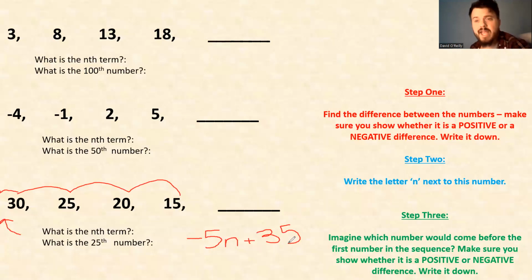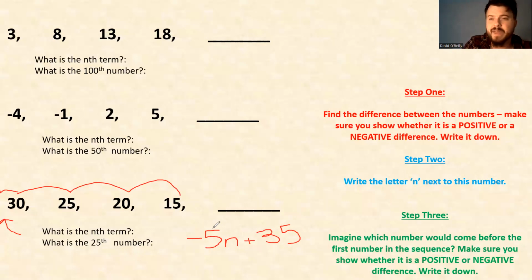Okay. And now it's asking me for the 25th number. So what do I do? I replace n with 25. So minus 5 times 25. Now, if you don't know how to multiply negative numbers, minus numbers, it's the same as positive numbers, okay? So in other words, 5 times 25 is 125. Minus 5 times 25 is minus 125.